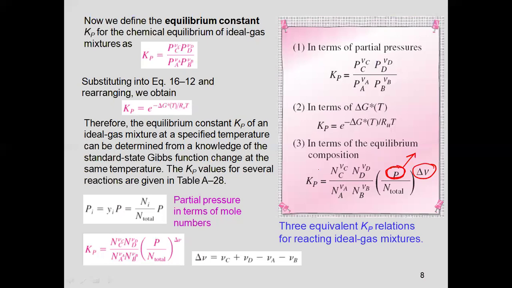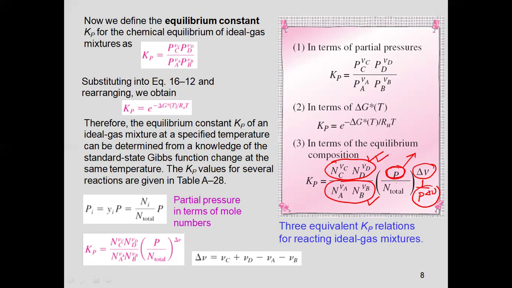In that case, the product will increase and the reactant will decrease, because P to the power delta nu will come in the denominator, and therefore this will increase. Therefore, to make Kp constant, we have to increase this compared to this. Therefore, the products will increase and the reactants in the composition will decrease. So the reaction will be shifted towards the product side.